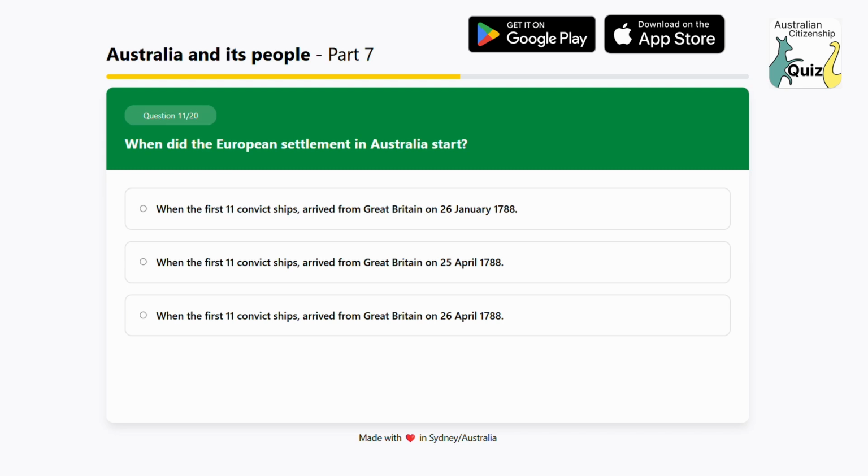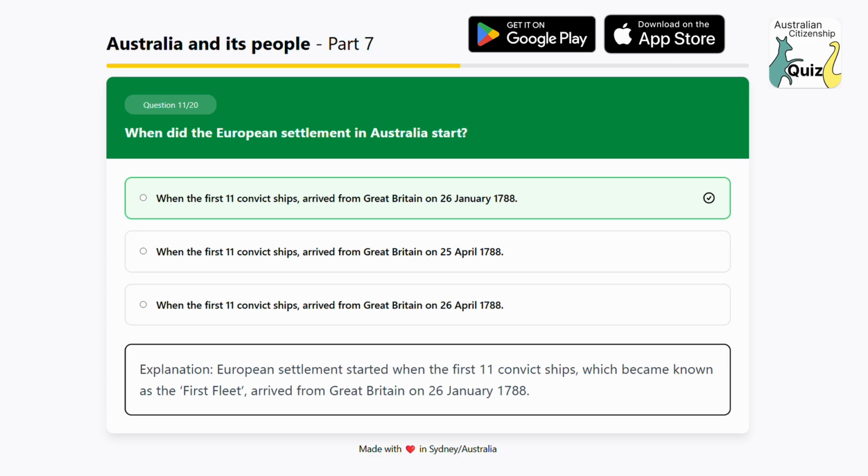Option 3, when the first 11 convict ships arrived from Great Britain on April 26, 1788. The answer is when the first 11 convict ships arrived from Great Britain on January 26, 1788.